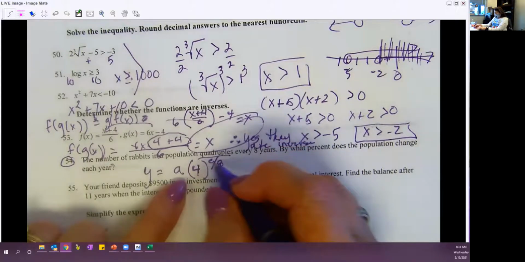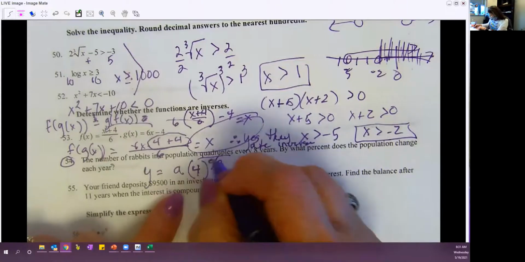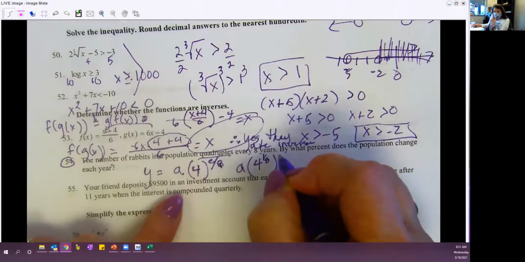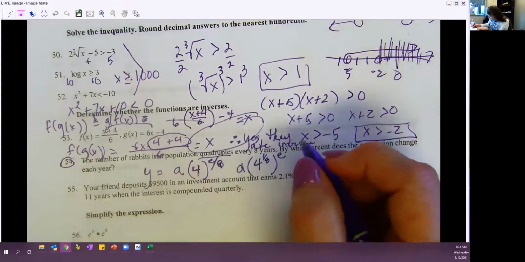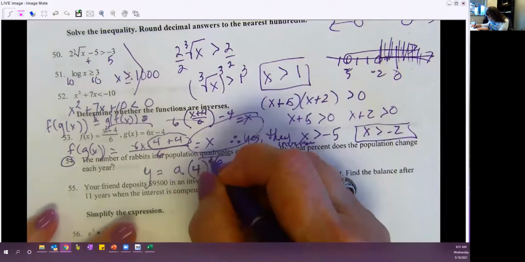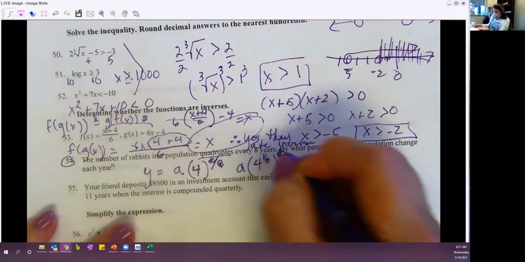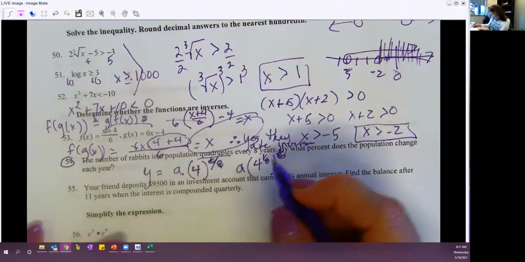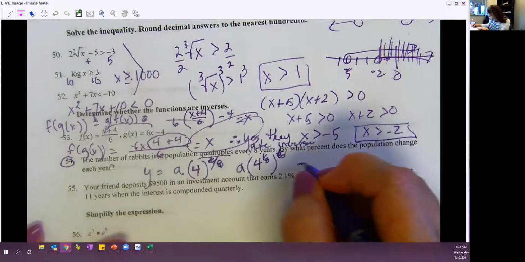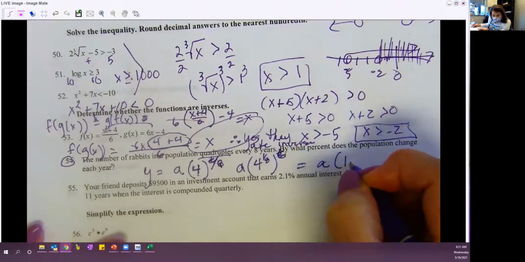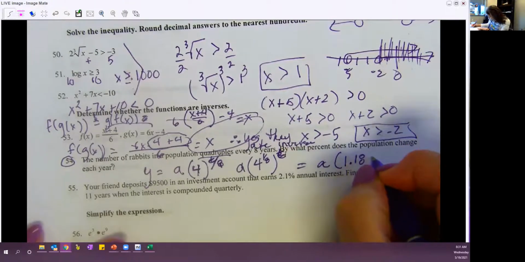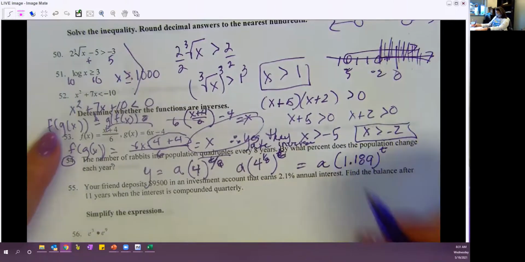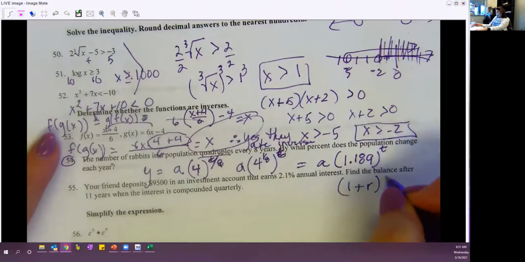So if you separate the exponent, you get A times 4 to the 1/8 raised to the T. What am I talking about? Time. So 4 to the 1/8 becomes 1.189 to the T. So when you're dealing with interest, remember that it's 1 plus the rate to the time.